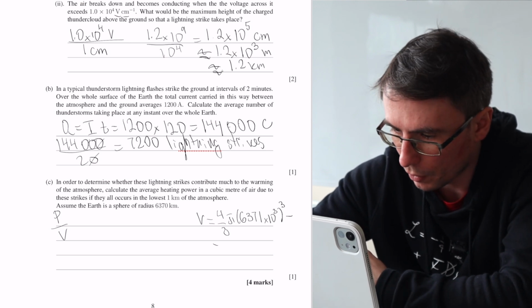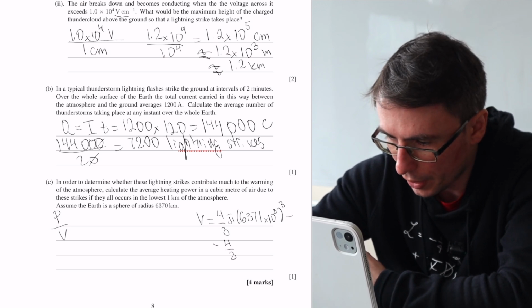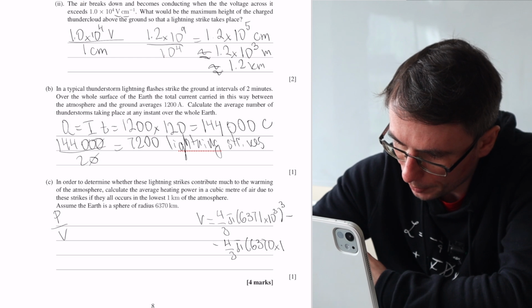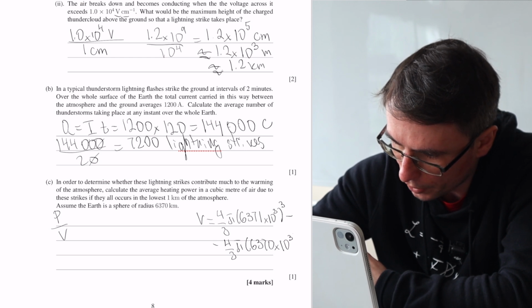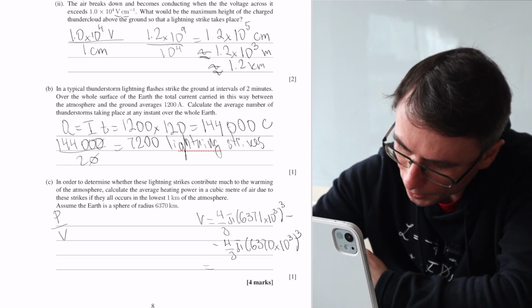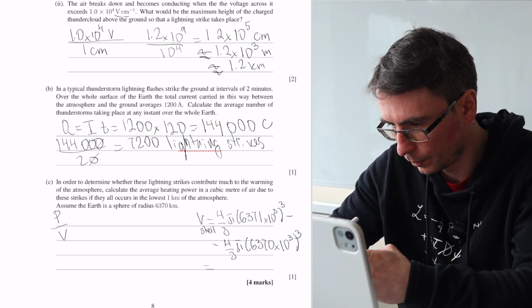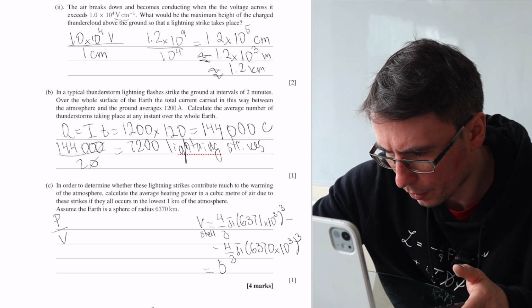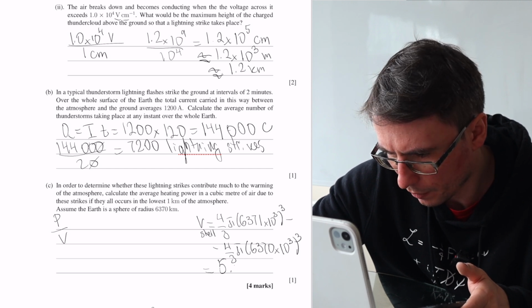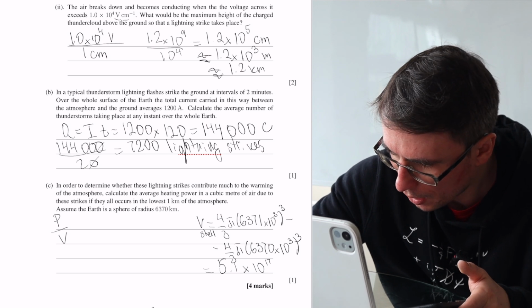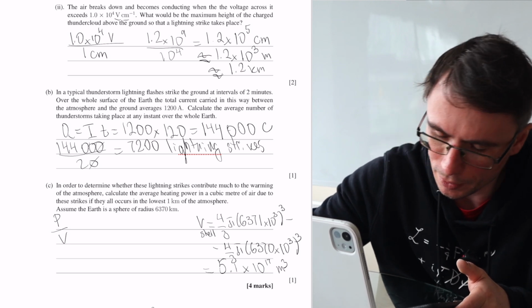Takeaway, I'm going to write this over here, 4/3 pi 6370 times 10 to the power of 3, all of it cubed. And this here is the volume of the shell, which is around 5.09, let's call it 5.1 times 10 to the power of 17 cubic meters.